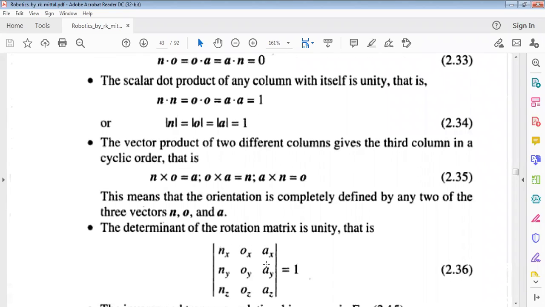And the fourth property is the vector product of two different columns gives the third column in the cyclic order. So the vector product of n with O gives vector A, O with A gives n, A with n gives O. This means that the orientation is completely defined by any two of the three vectors.